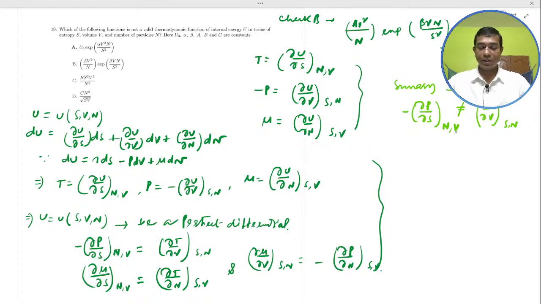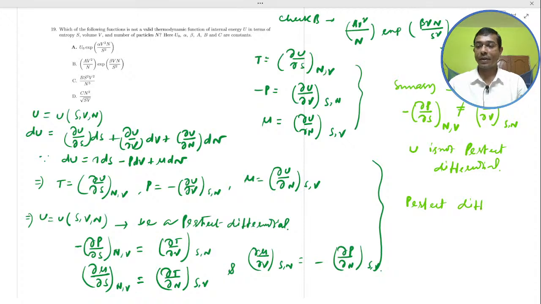So thus U is not a perfect differential. That means AV square by N into exponential beta Vn by A square is not a valid thermodynamic potential, because you have to check the perfect differential.